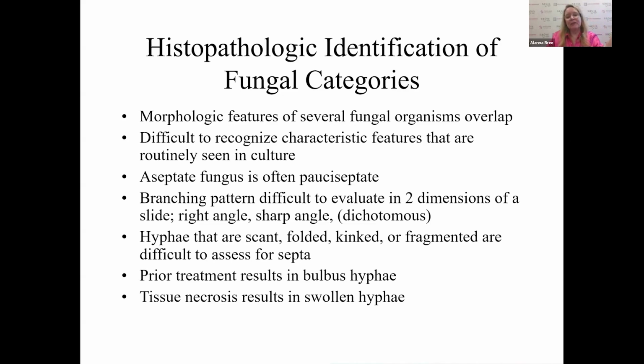And the hyphae can be scant, folded, kinked, fragmented, and difficult to assess. And then prior treatment will affect it, and tissue necrosis will also affect it. So it is important to have a dermatopathologist you can trust looking at these slides to help you make the diagnosis.